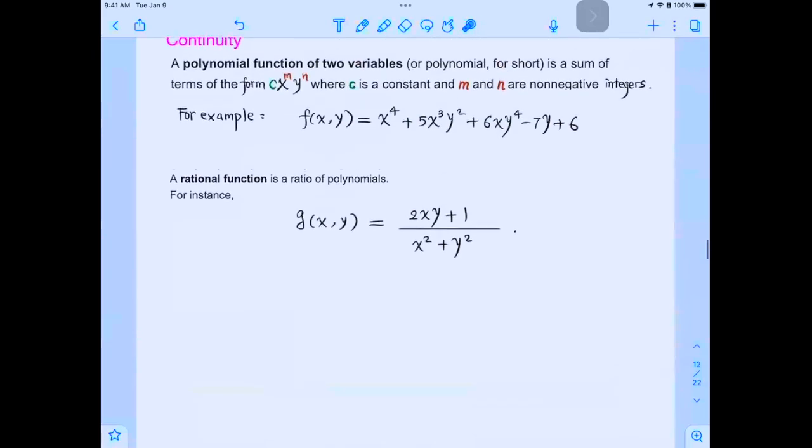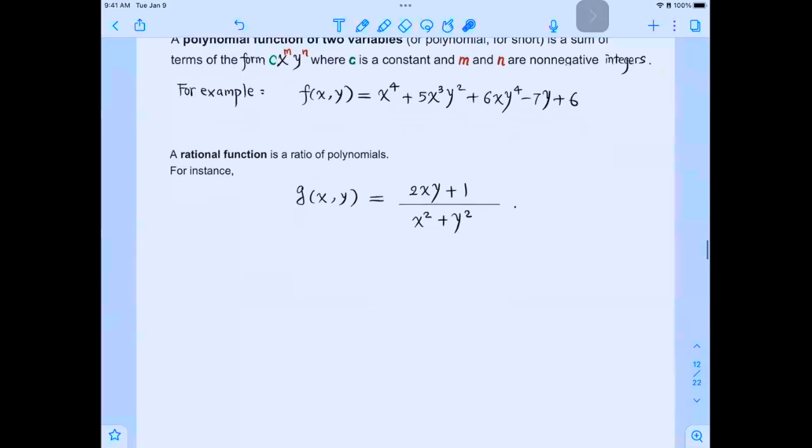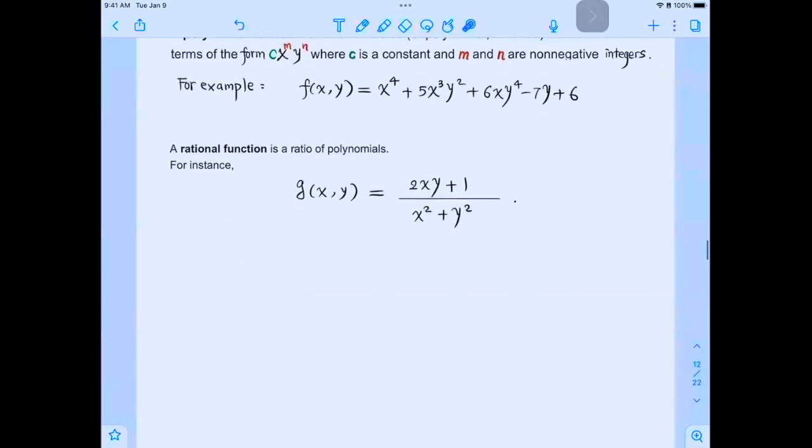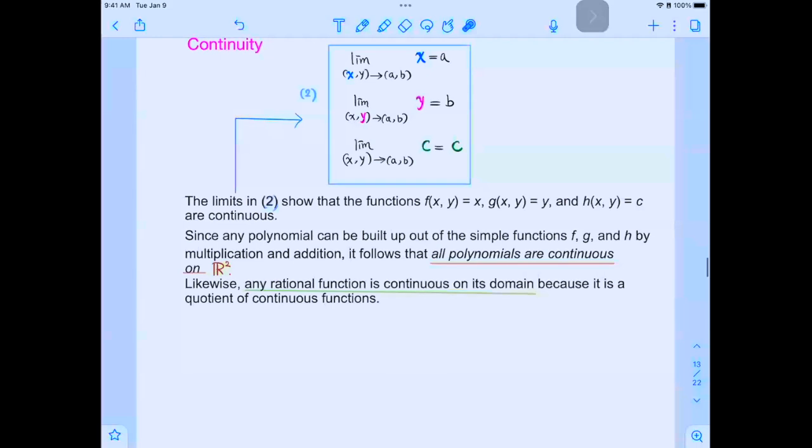And when we talk about a rational function, it's going to be continuous everywhere in that domain. Okay? If it's not in the domain, then it's not continuous. So here's what it says: all polynomials are continuous, and a rational function will be continuous on its domain.